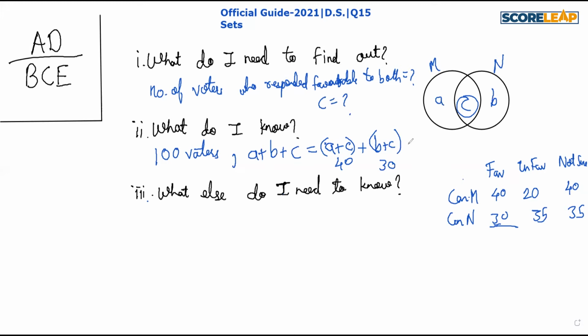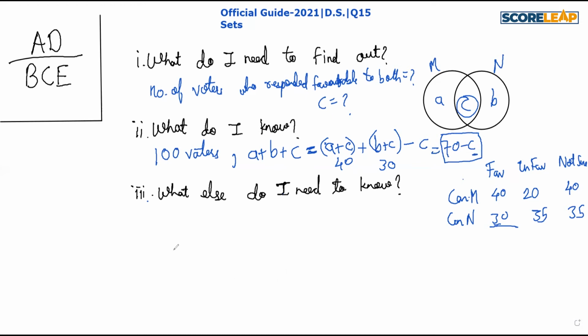So we have to subtract one C from it for this equality to hold true. So the total number of voters who responded favorable to at least one of them is A plus B plus C. Yes or no? Yes, it is. So 70 minus C is the total number of voters who responded favorable to at least one of them, and C is the number of voters who responded favorable to both of them.